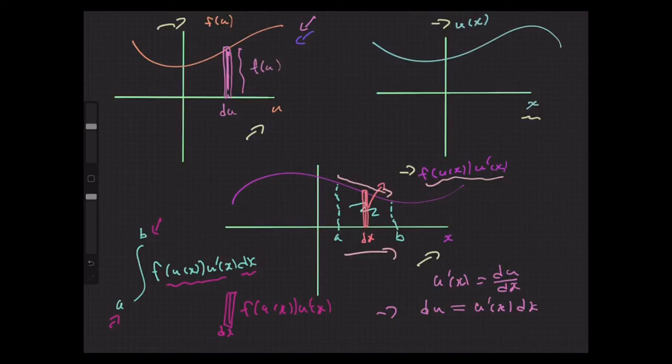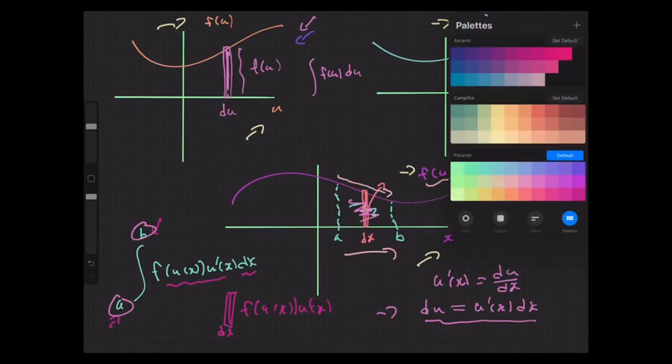And this equation here is telling me that I can actually get the same area that I get down here from this picture if I sum these f of u times du rectangles. But the question is, where am I going to sum them from? My bounds of integration here were a and b, but they're not going to be the same bounds of integration anymore, because we have this u function stuck in the middle here.